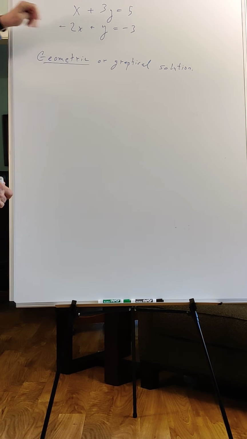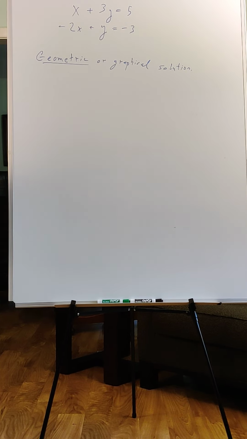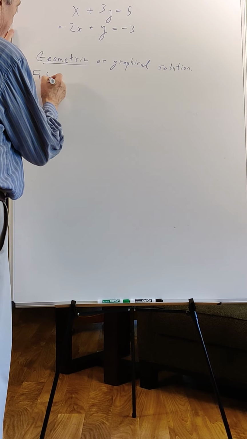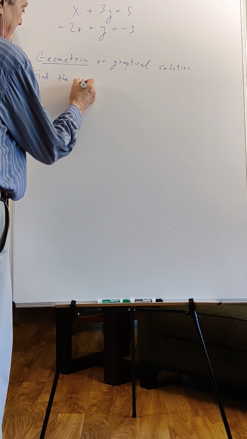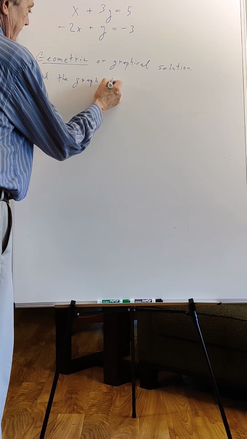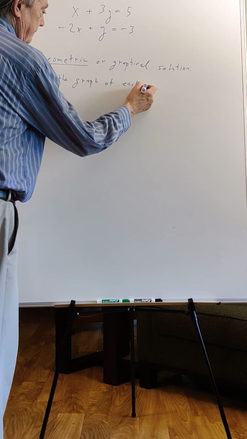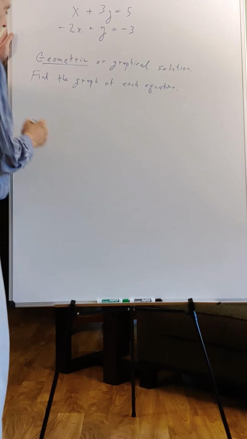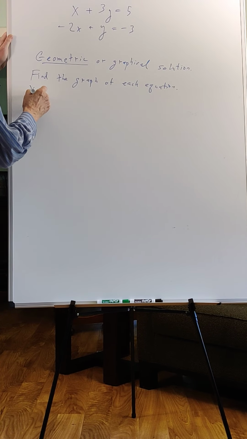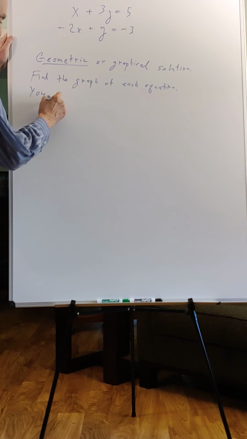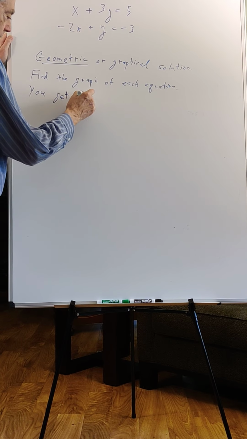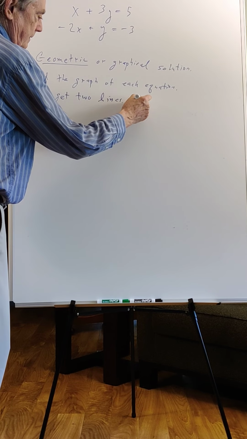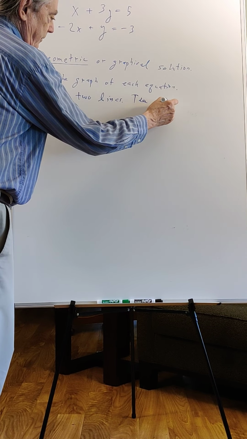Okay, so the graph of each equation is a line. So find the graph of each equation. So you get 2 lines, and their point of intersection is the solution.